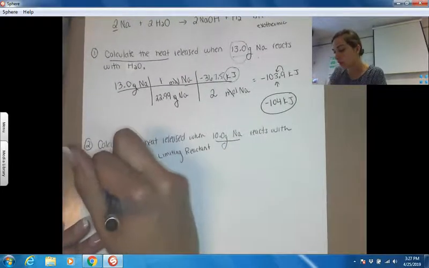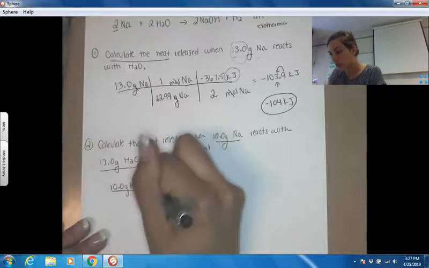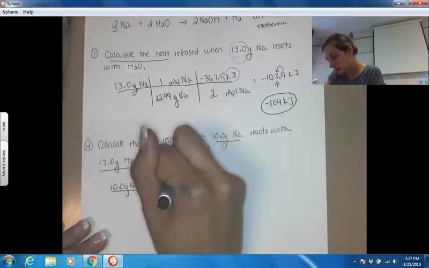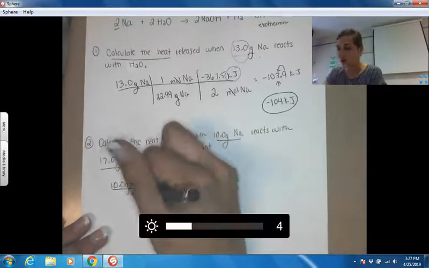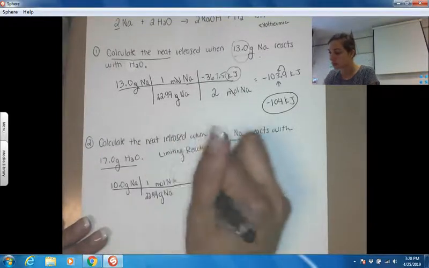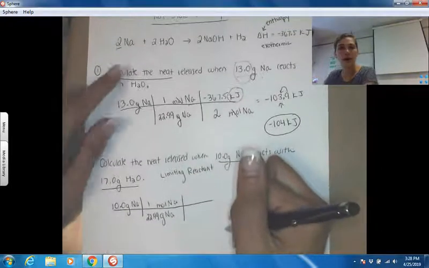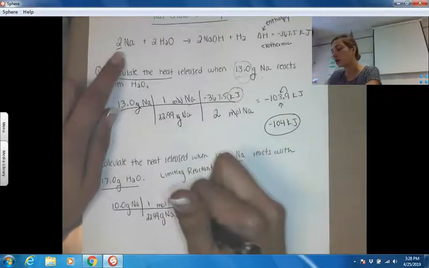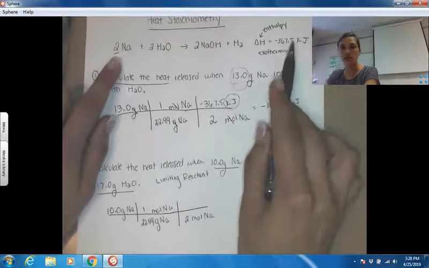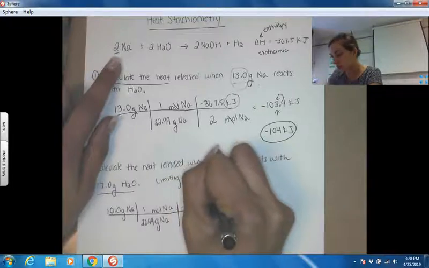We're going to say that we're starting with 10 grams of sodium, and we need to know how many moles of sodium that is. So we convert it to moles: 1 mole of sodium for 22.99 grams of sodium. Now we're trying to get that into energy. So we go back up to our top and see that there are 2 moles of sodium for this reaction to create negative 367.5 kilojoules.